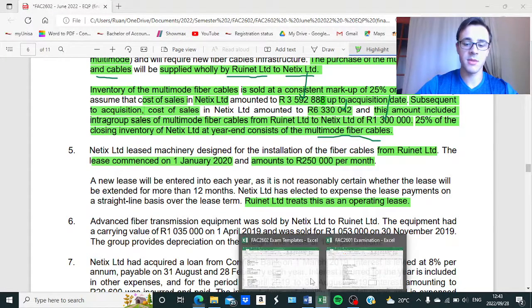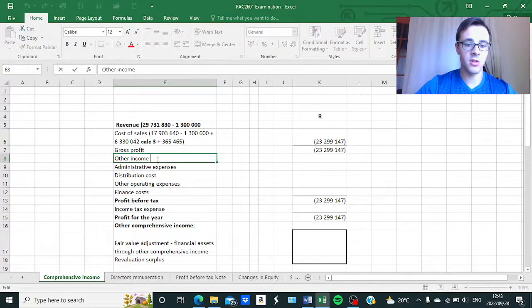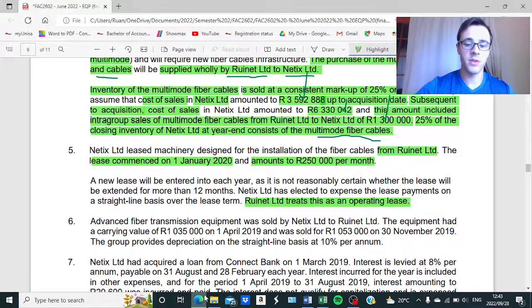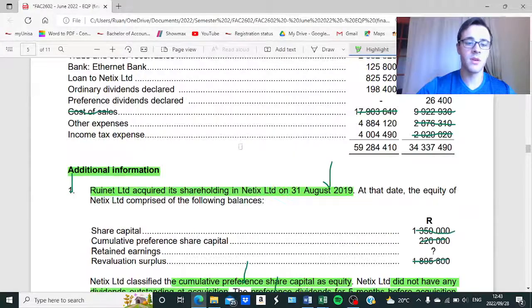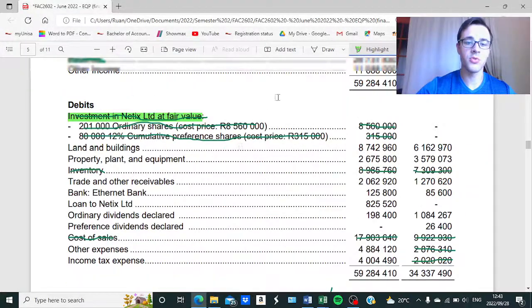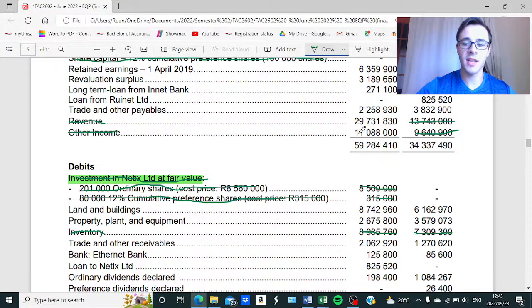So in your consolidated statement of profit or loss and other comprehensive income, you will start with other income for the parent. So the parent's other income currently amounts to 11,088,000.